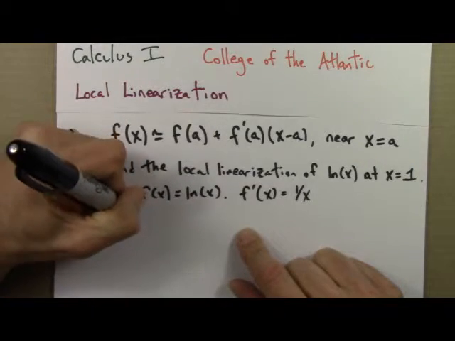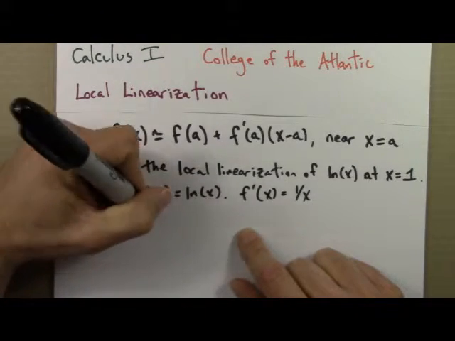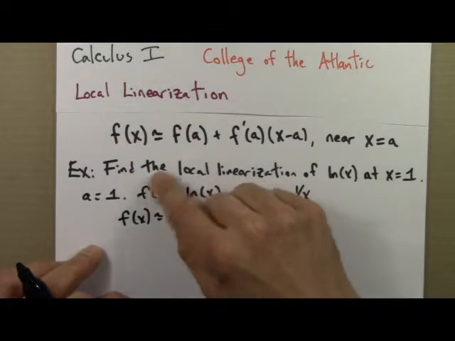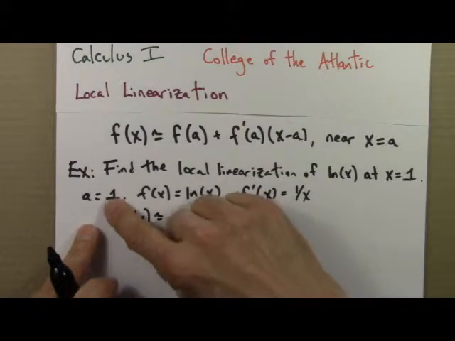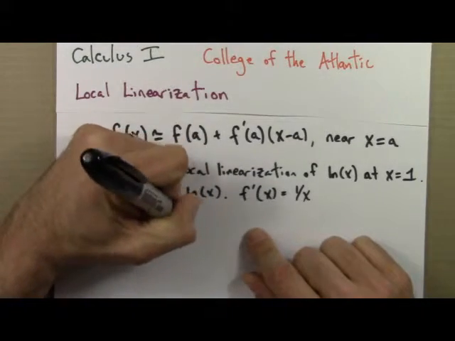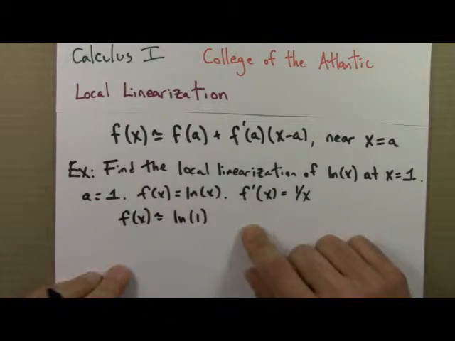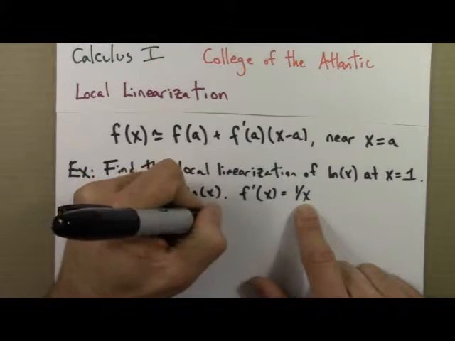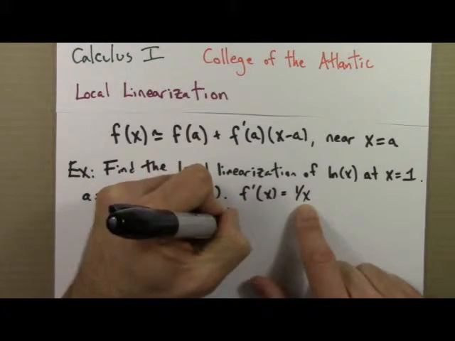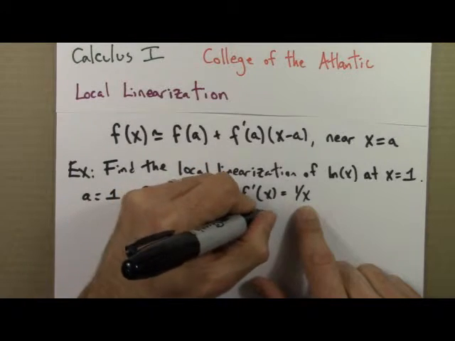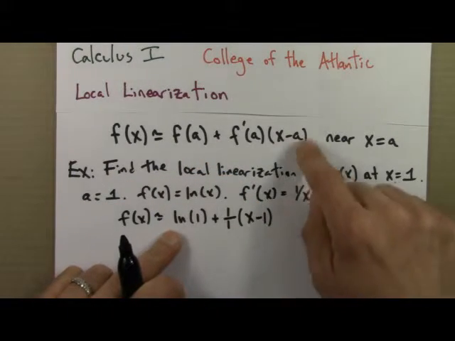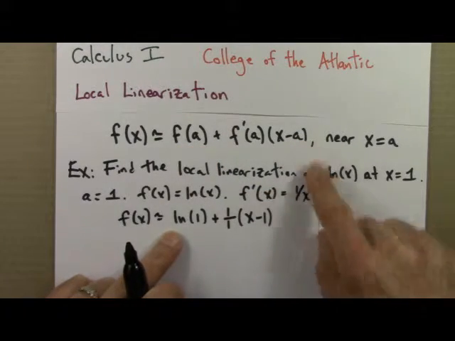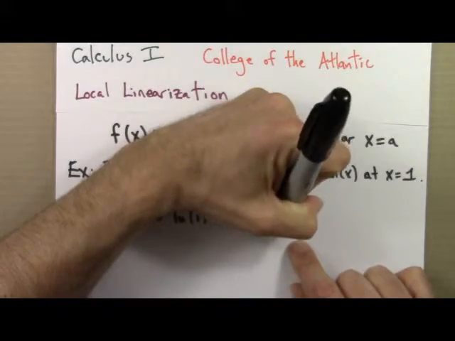So the local linearization says that f of x is approximately f of a, and that's going to be log of 1, plus the derivative at a, the derivative is 1 over x, so that's going to be 1 over 1 times x minus 1. So I'm plugging into this formula using the function f of x is log and a equals 1. And this simplifies right away.